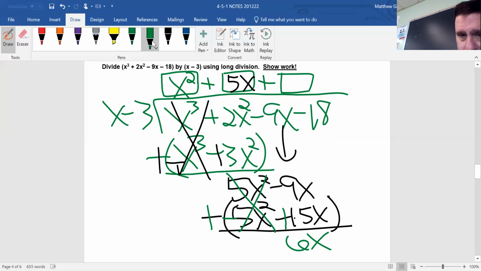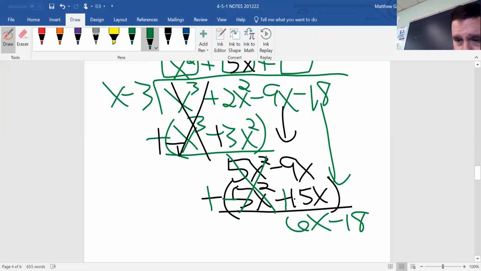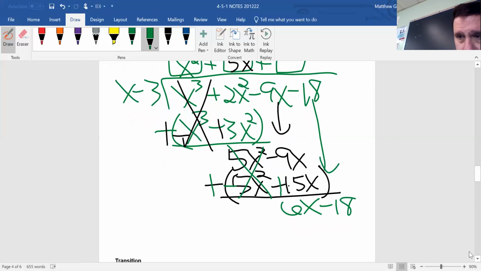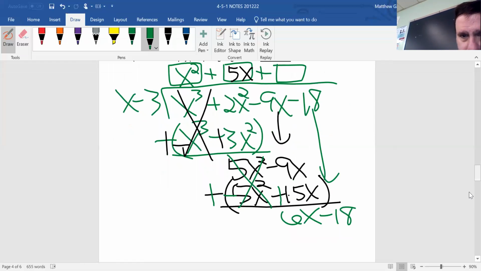And then bring down the negative 18. Now your objective is to get rid of 6x. So what do we usually do? We divide the first term that's left over by the first term in your divisor. And that's positive 6.